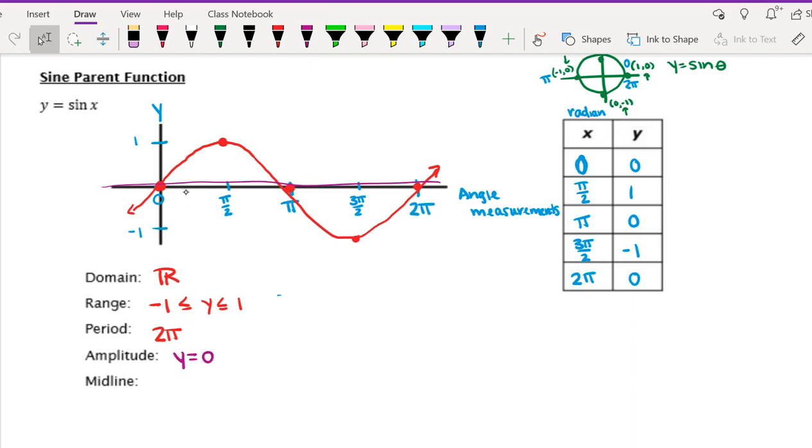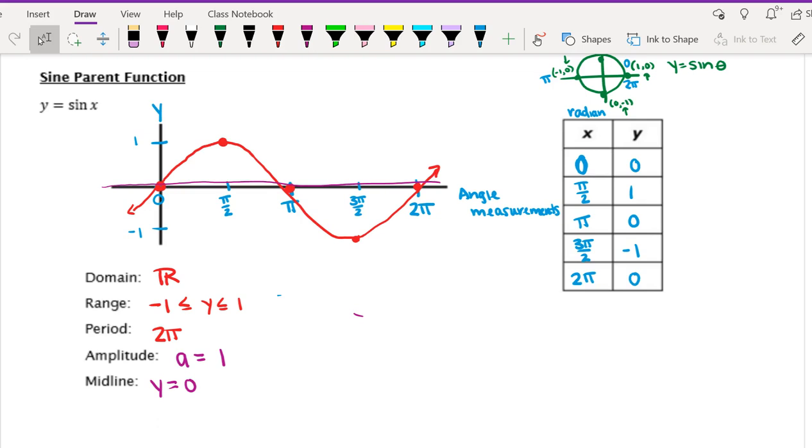So y equals 0 is my midline. So I should write that in for midline. And then the amplitude is the distance. Well, how much up and how much down do I go from that midline? I go up 1 unit and down 1 unit. So a equals 1. So this is my parent function of sine.